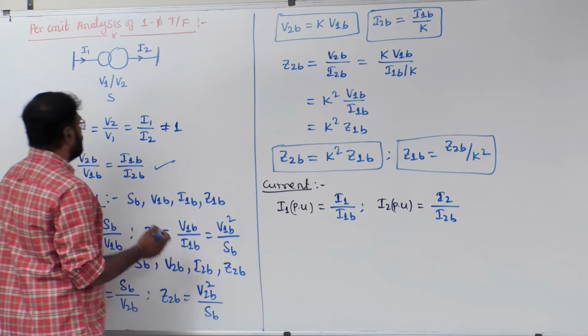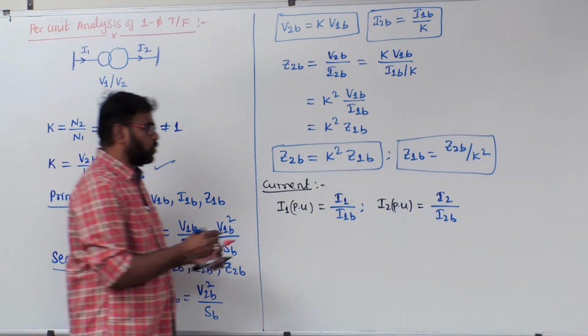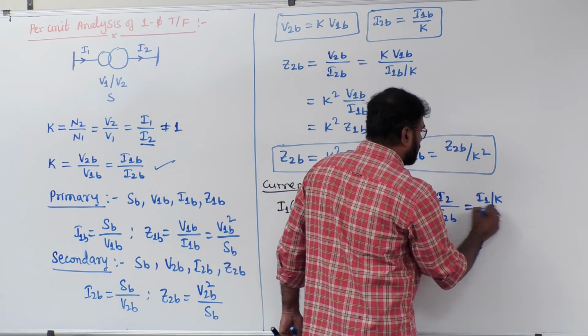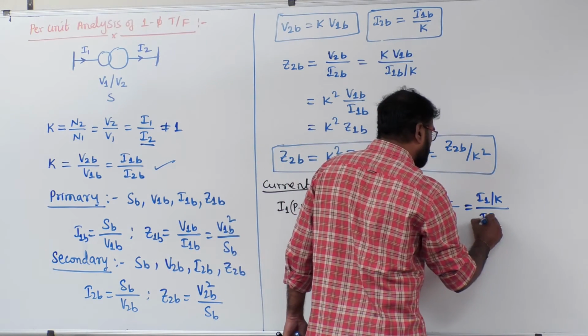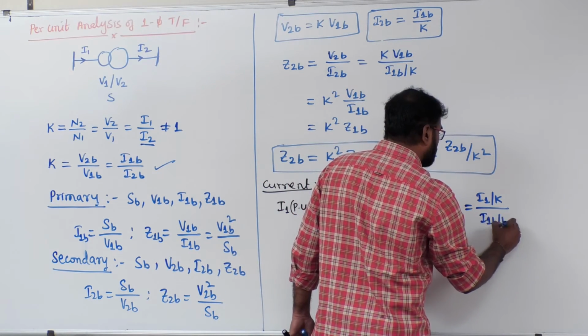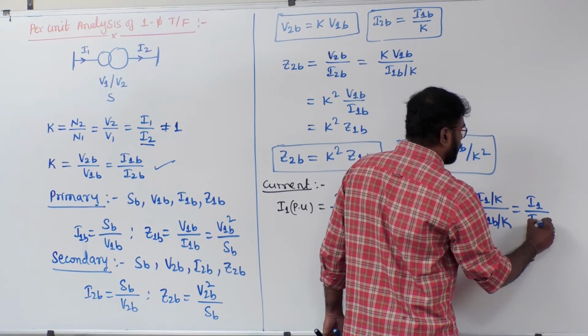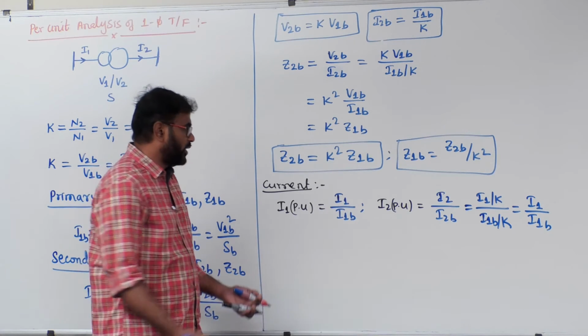I2 equals I1 by K. Similarly, I2 base is I1 base by K. So from this we get I1 by I1 base, which is nothing but I1 per unit.